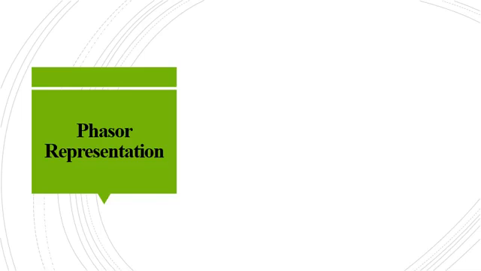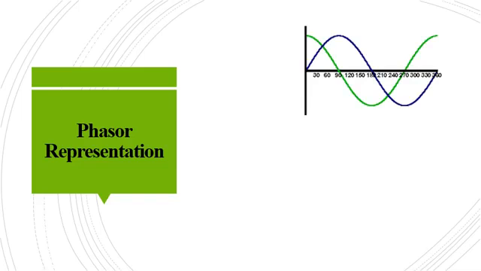Next we can see how we can represent two waves using a phasor. So consider these two waveforms. One is drawn using a blue line and the second one is drawn using a green line. By observation we can see that the green wave is 90 degree leading the blue wave.